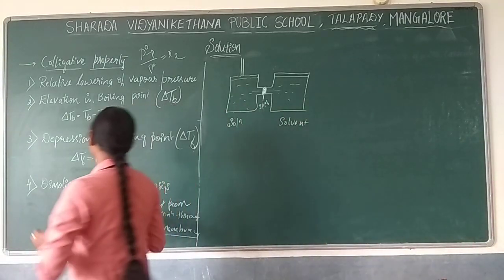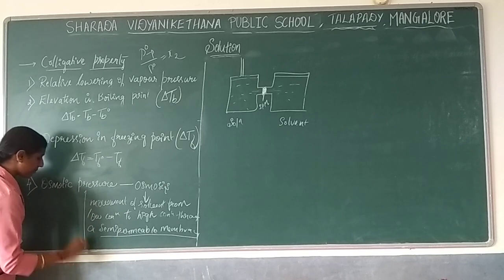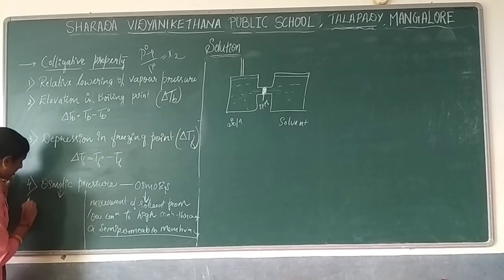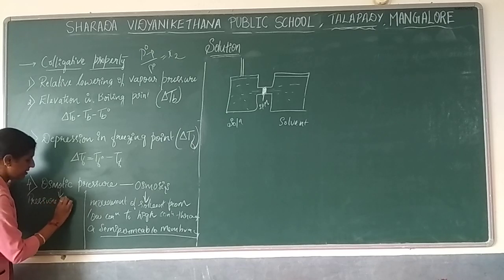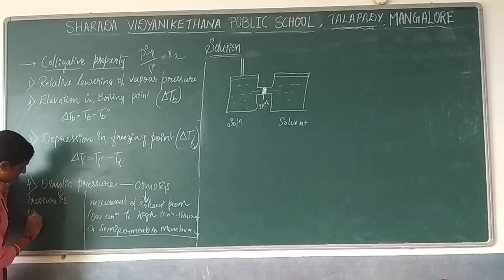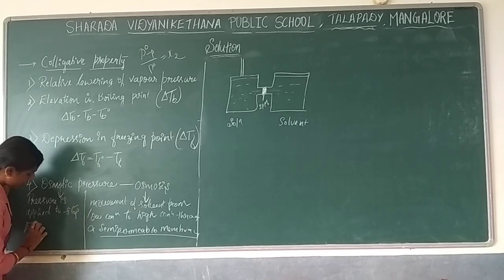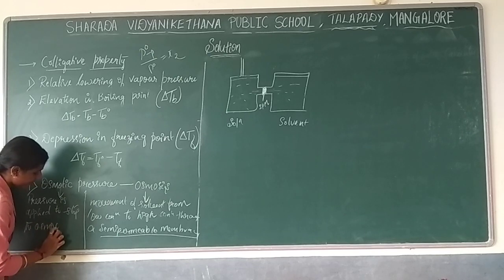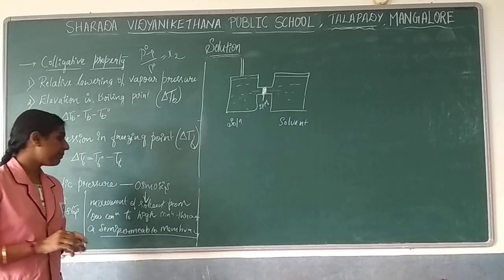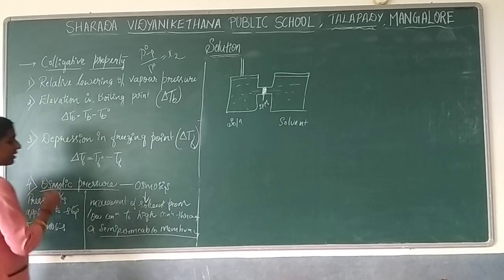So osmotic pressure you can write as the pressure applied to stop the osmosis.